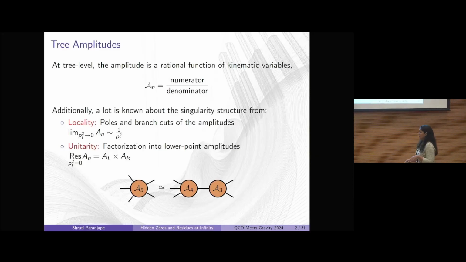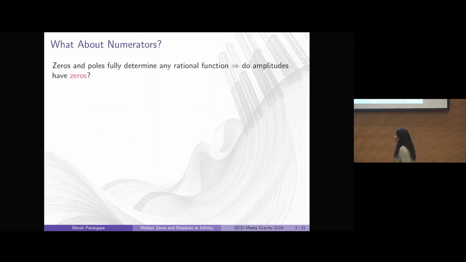It tells you that your amplitude factorizes. And so you know something about the numerator as well. You know that every time you're at a singular point, the numerator needs to look a certain way. But how does it look at a regular point, right? So a rational function is fully determined once you know its zeros and its poles. So in this talk, what we're going to be thinking about is the zeros of this rational function.